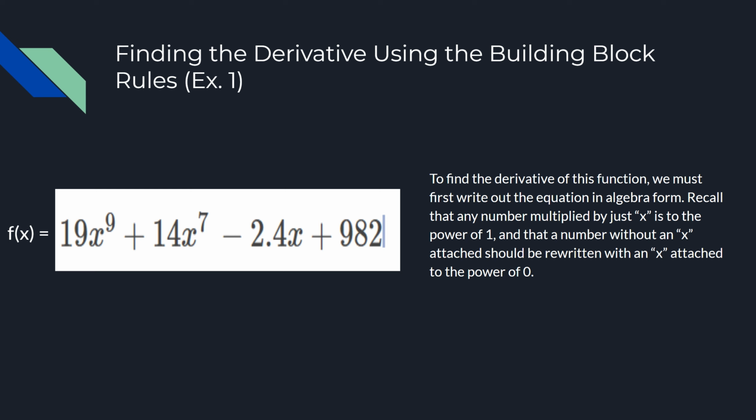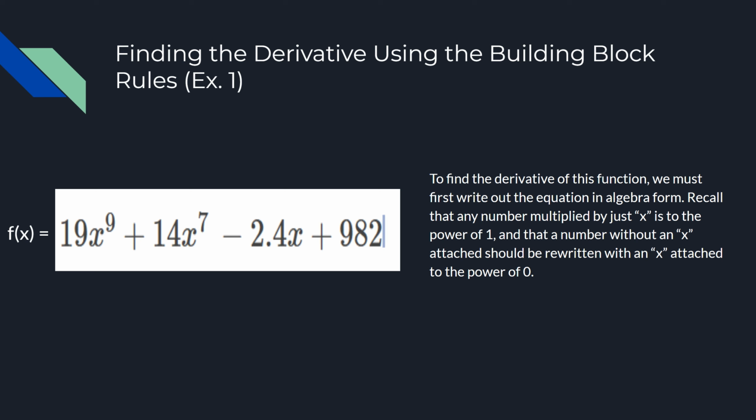We have to first write this in an algebraic form, which would mean that we rewrite the first two parts as shown, 19x to the power of 9 plus 14x to the power of 7. And we have to recall that when you multiply a coefficient by a variable with no exponent, that exponent would just be 1, which is itself.